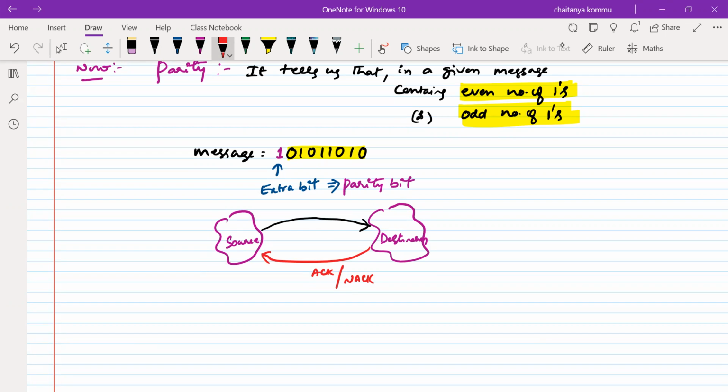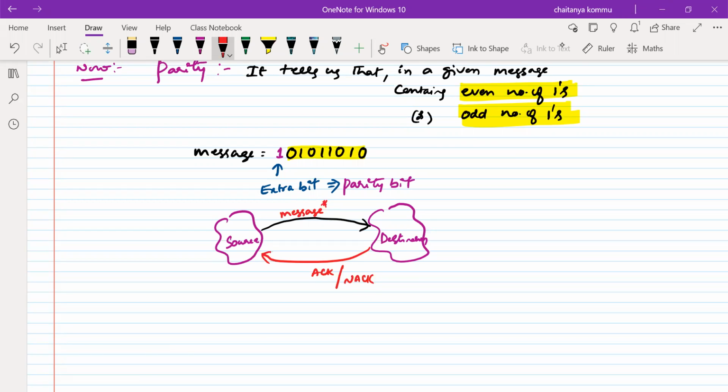When the message is transferred here, the destination must receive good data. Whatever message the sender is sending, the destination should take that information. Once he has received it, he sends the acknowledgement. Please don't forget that this message consists of parity information. For example, he did not take the right information.